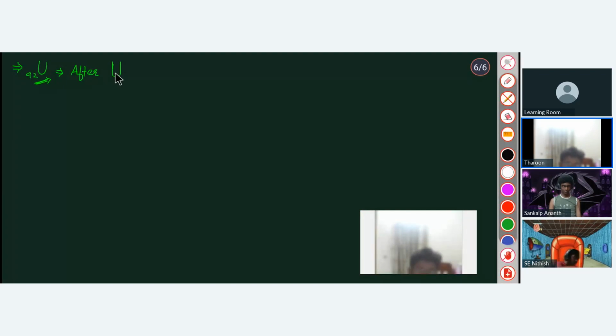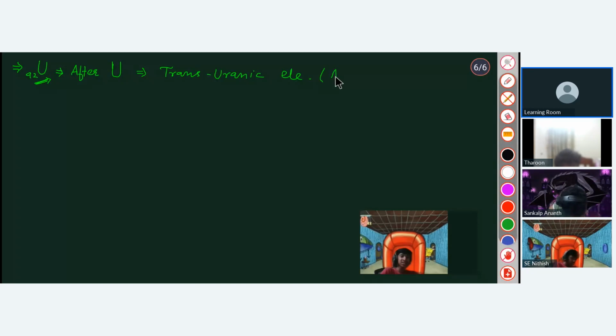After uranium, all these elements are known as transuranic elements. So that means after potassium, everything is known as potassic elements? No. It is only for uranium. I will tell you the reason why they have been given the special name. Because all these are radioactive elements.